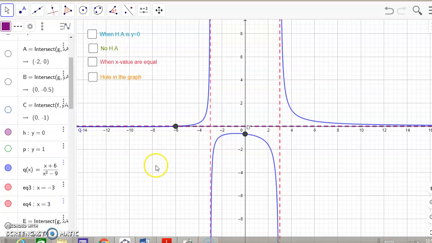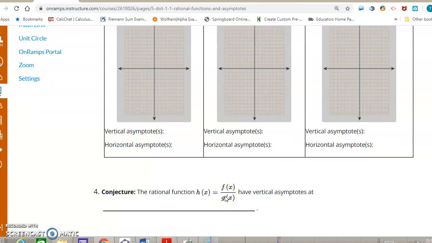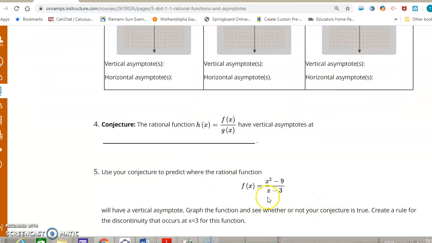And then, of course, there's the issue where there is a hole in the graph. And I'm going to go back to the lesson. We have this issue here. It says to use your conjecture to predict where the rational function f of x equals the quantity of x squared minus 9 over x minus 3 will have a vertical asymptote.